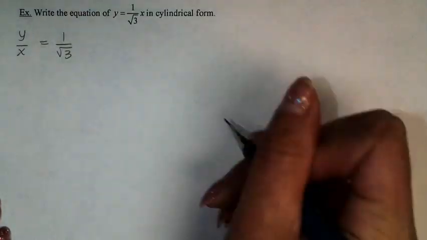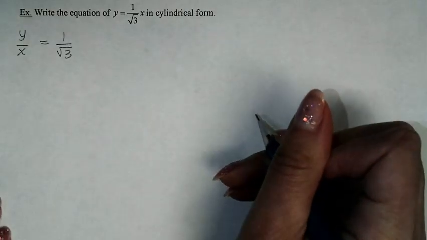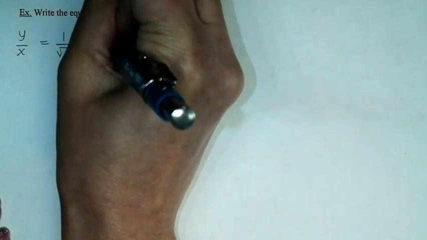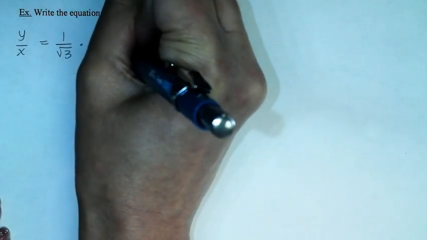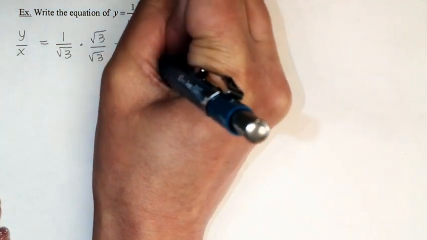So for this example, you need to write the equation y equals 1 over root 3 times x in cylindrical form. So what are we going to do for this one? Well, you can pass the x dividing to the other side, and you have y divided by x equals 1 over root 3. So from that, we can rationalize, so it's neat, and you can see that you have an old friend here.